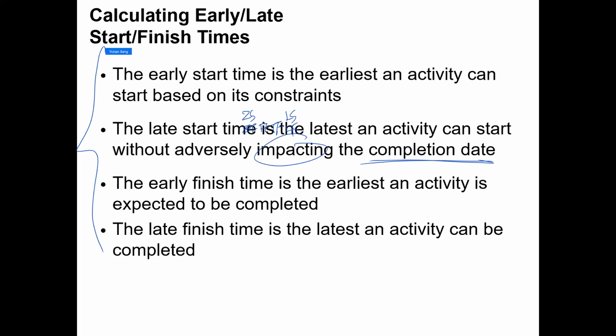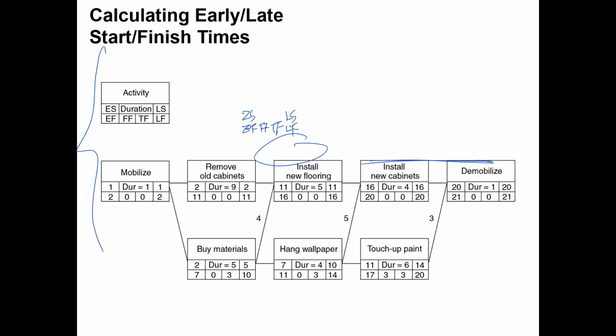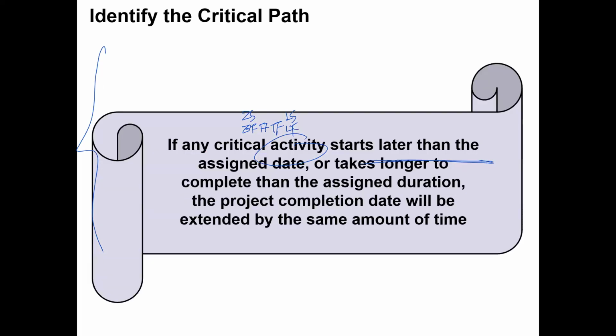We are going to do the calculation and understand it. And this is the result, the presentation of it, right? So calculate the early and late, finish and start times. And then if we have a critical activity that starts later than the assigned day, the project duration will be delayed, because you know the late time you finish the activities.